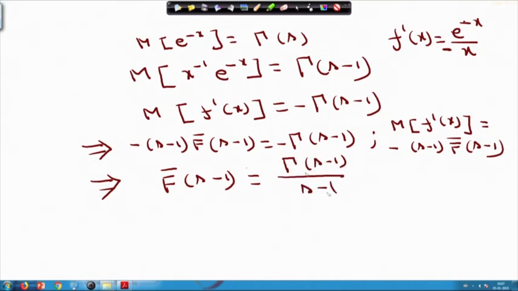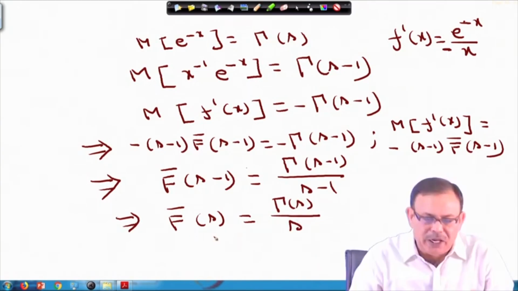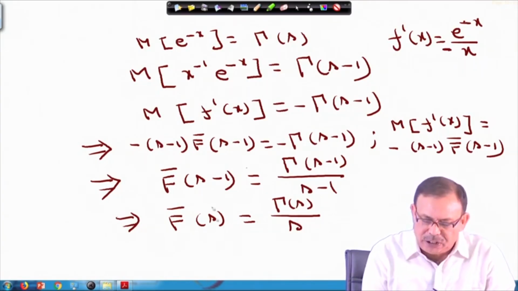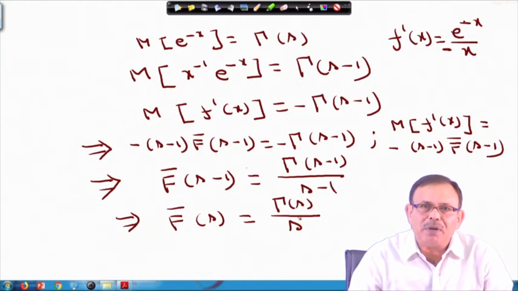The negative sign will be cancelled. So, if I replace s minus 1 by s, you will obtain f bar s equals gamma s by s. So, therefore, that is the required result: Mellin transform of e to the power minus x, that is f bar s, equals gamma s by s.